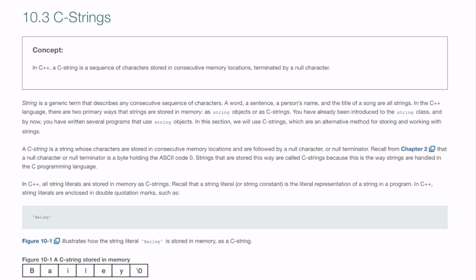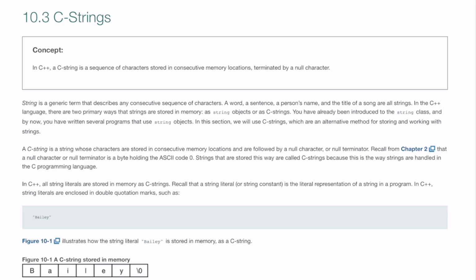A C string is an array of characters that is terminated by a null terminating character, so a \0. So remember again, \n is the new line character, and that's what we've been accustomed to using alongside of our strings in C++.